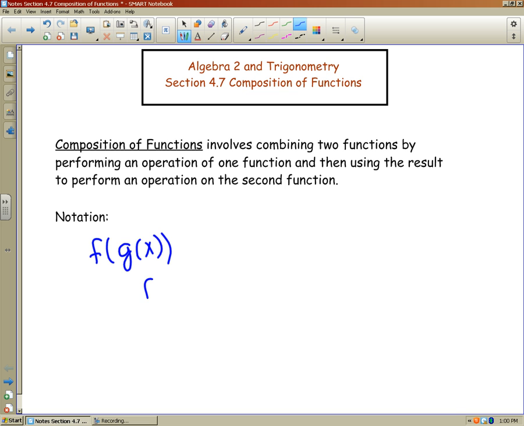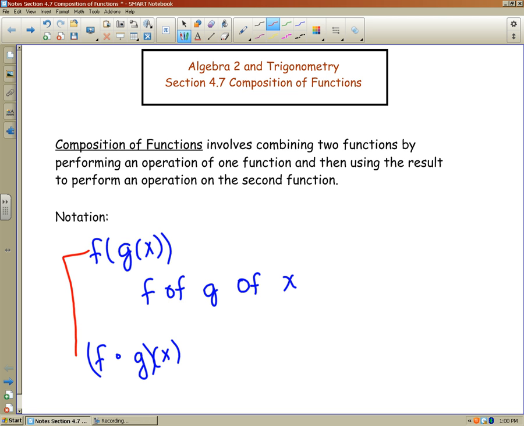How we read that is F of G of X. Another way to write F of G of X is like this: F, a little circle like multiplication, G of X. You can see it with parentheses around the F and the G. In either case, they mean the same thing. You read it exactly the same. So you just want to remember that these mean the same thing.